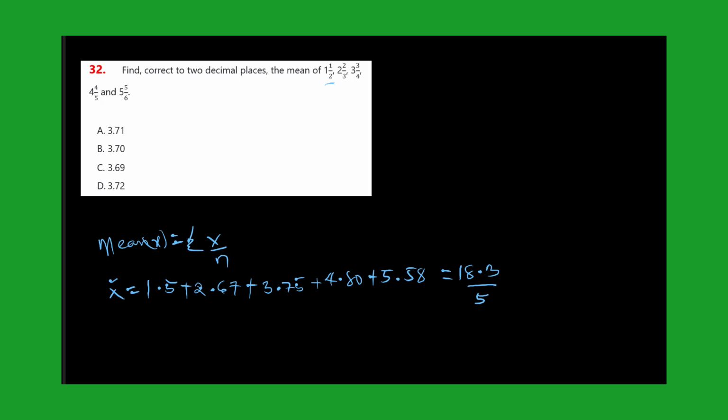So the final answer will be 3.66. To two decimal places, we approximate, so our answer will be 3.70, which is B.